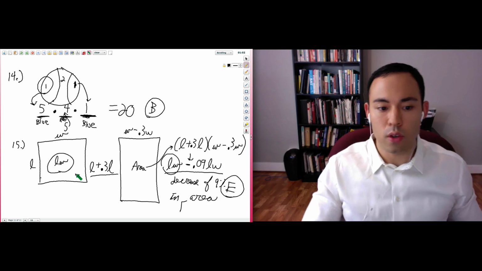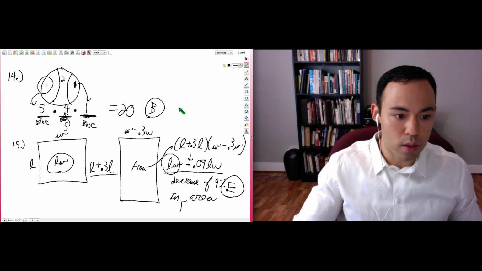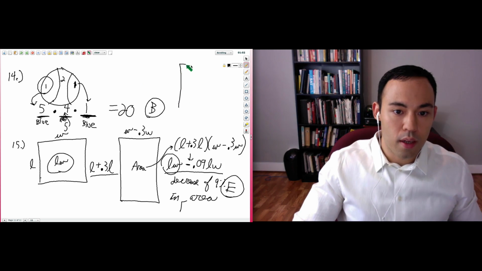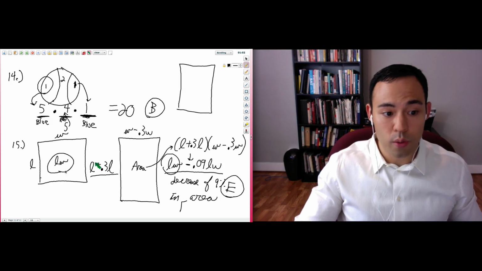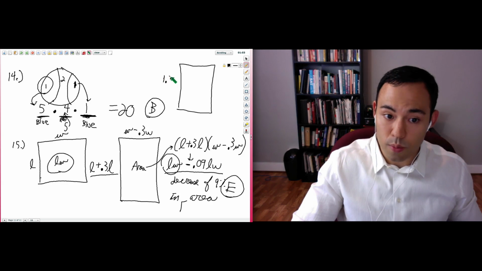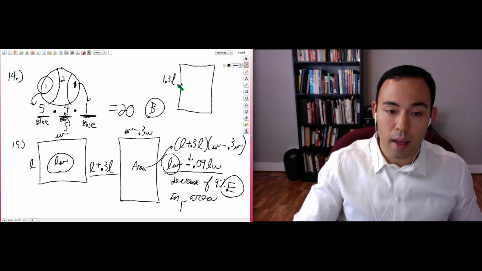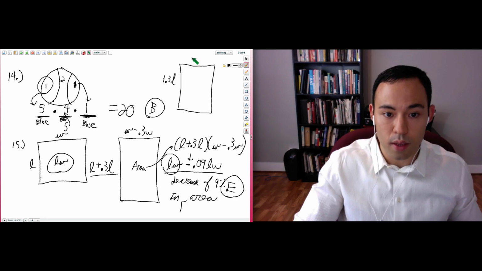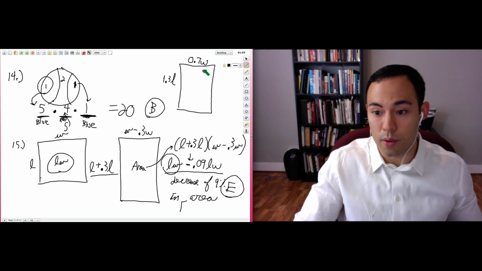Let's show you a quicker way. I guess I'll draw it right in this upper hand corner. So original area is LW. A 30% increase in length is the same thing as 1.3 L, and a 30% decrease in width is the same thing as 1 minus 0.3, which is 0.7 W. And now just multiply the two together.